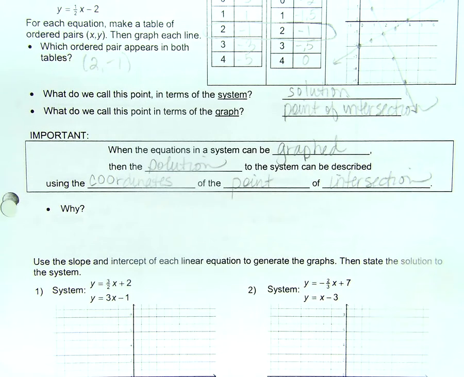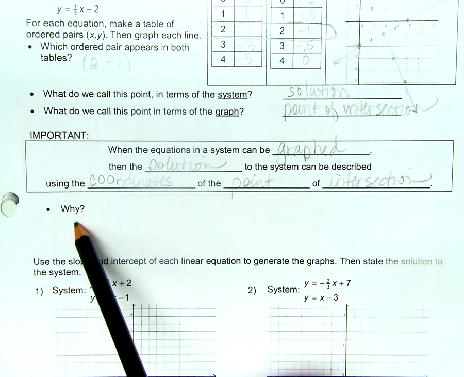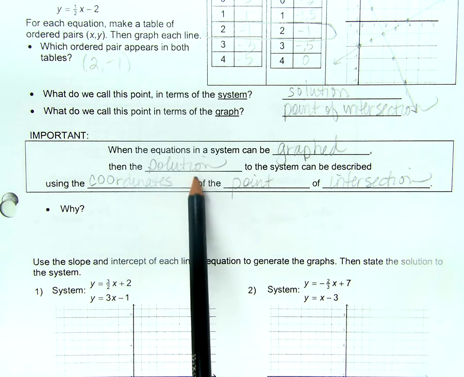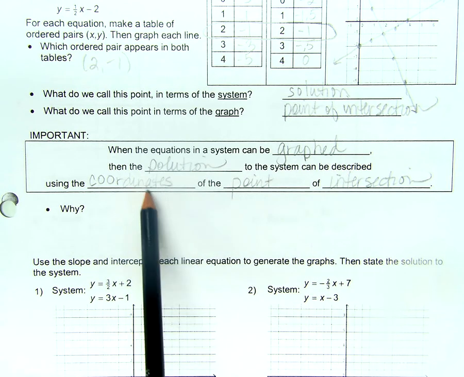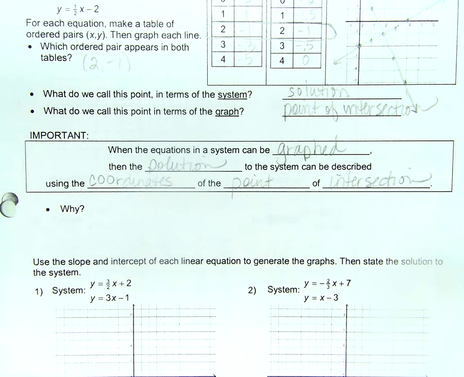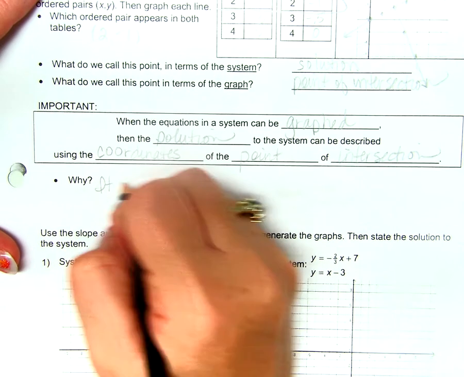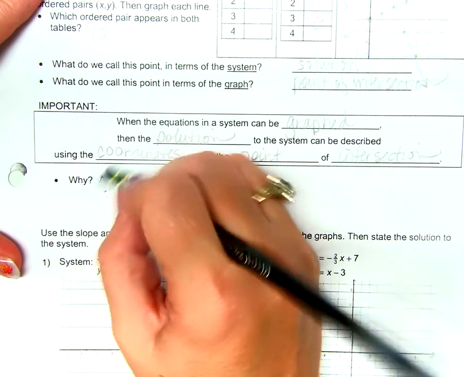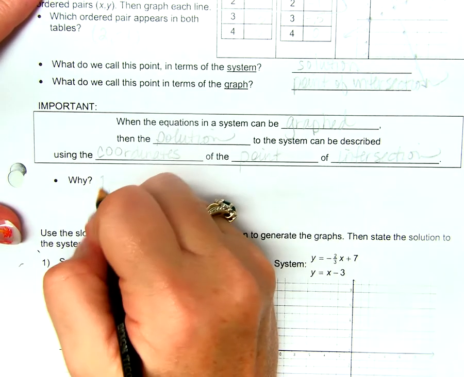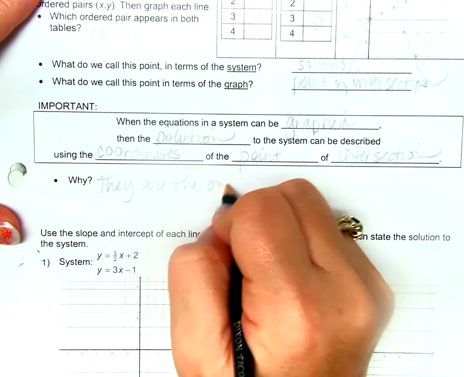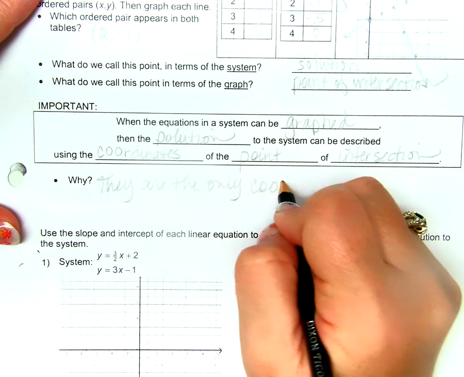My favorite question? Why? Why is the solution described as with the coordinates of the point of intersection? They are the only coordinates.